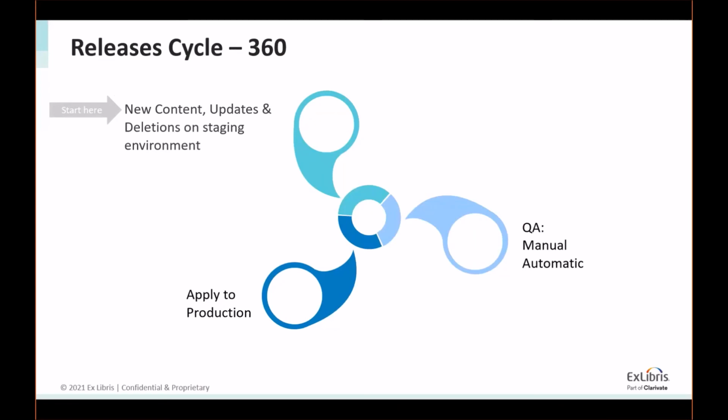Once approved, the data appears in production. This is a bit different release cycle in 360 KB.